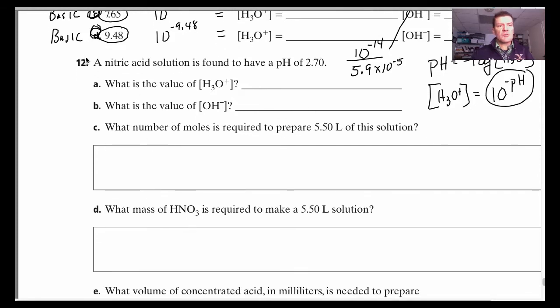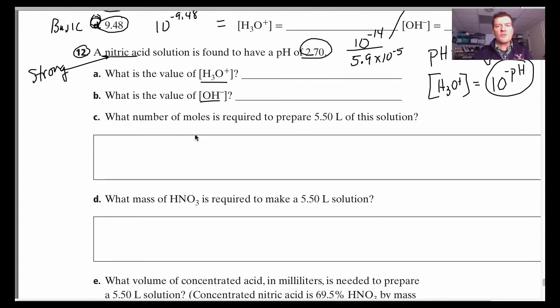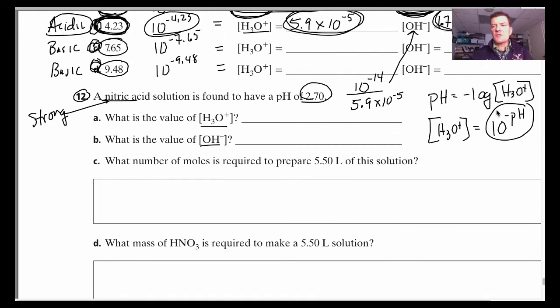Okay, let's look at number 12 here. A nitric acid solution, strong acid by the way, is found to have a pH of 2.7. What is the value of the hydronium hydroxide? Well, if you know the pH and you want to find concentration, then we have to do this right here. So I'm going to take 10 to the negative 2.7.